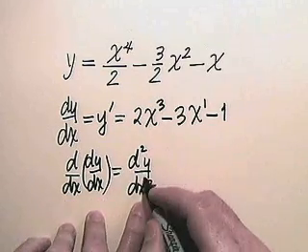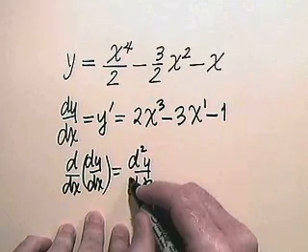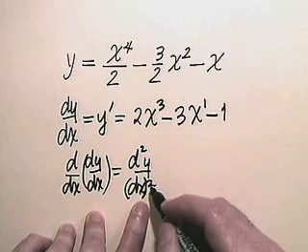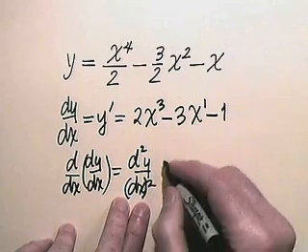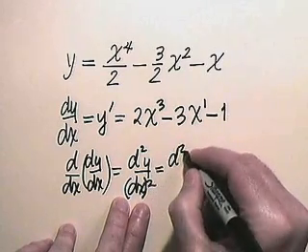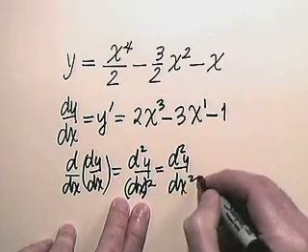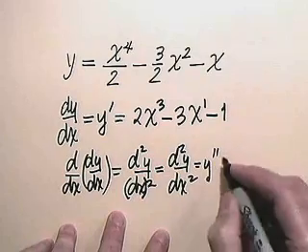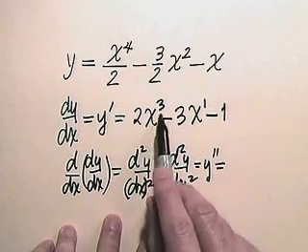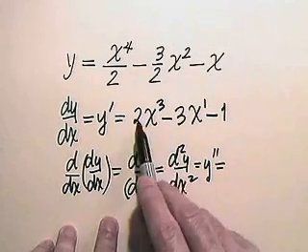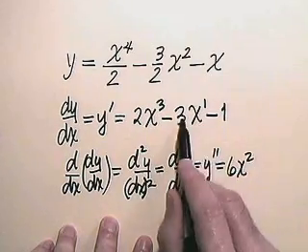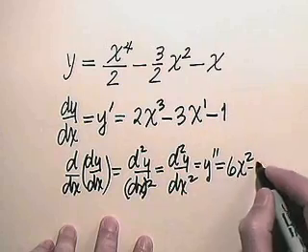In reality, you can think of a parenthesis there, d squared y over dx quantity squared, but we don't usually write that parenthesis, so it's usually just written d squared y dx squared, also written as y double prime equals, well, differentiate again. 3 times 2 is 6, x squared minus 3.